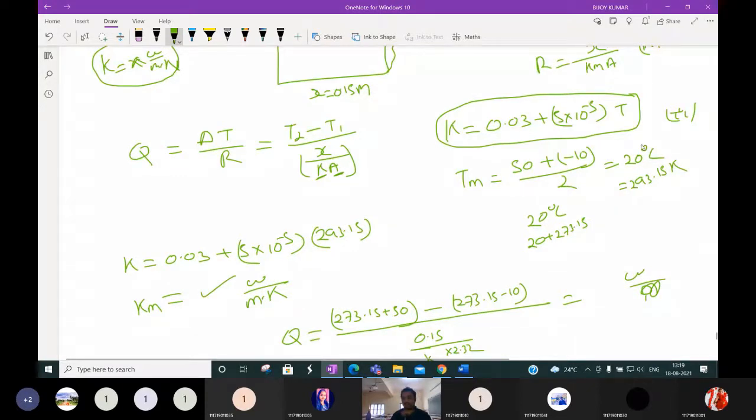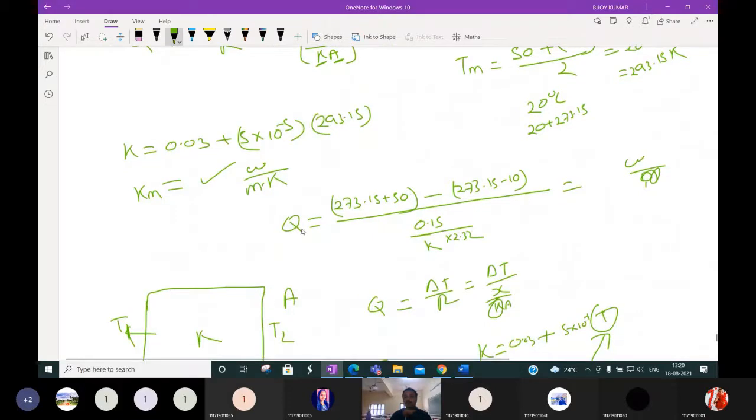At this average temperature, we take the thermal conductivity value: 0.03 plus 5 into 10 to the power minus 3 into 293.15 Kelvin. Whatever K value comes after multiplication is fine.